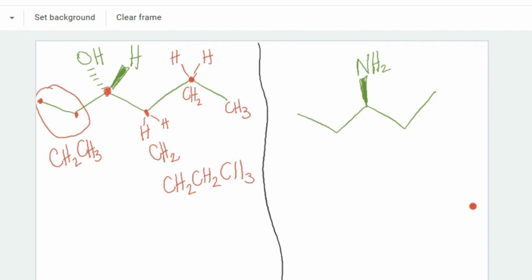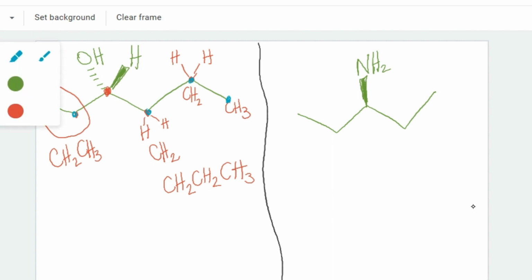I'm just letting you know that that's the reason why the other ones that I'm about to shade in blue are not chiral centers, because they have more than one of the same substituent, hydrogen. So the real chiral center is just the one shaded in purely red.